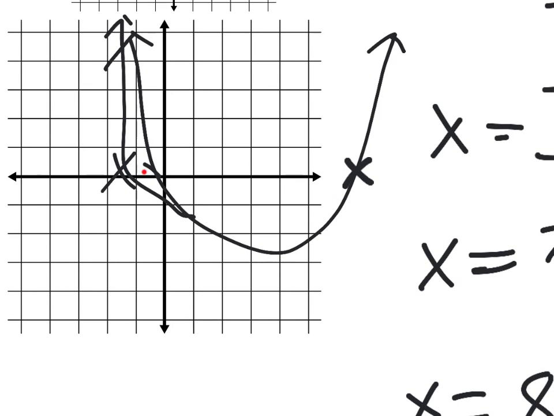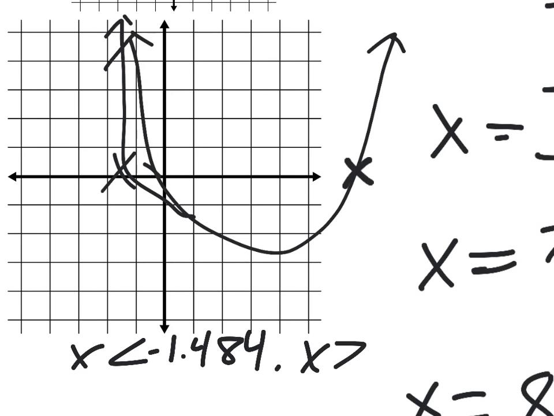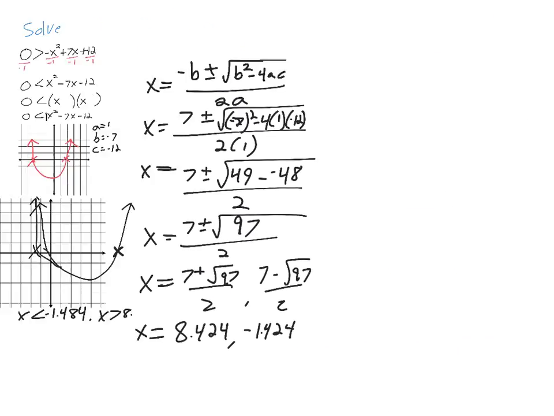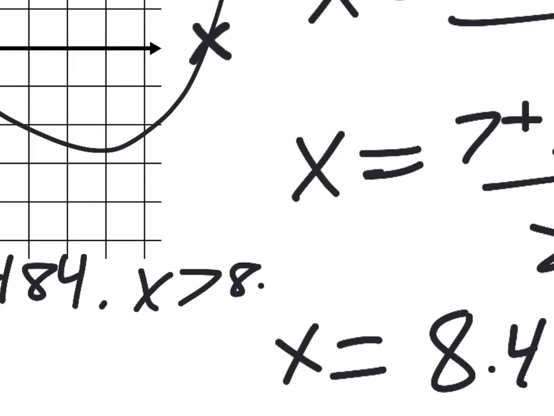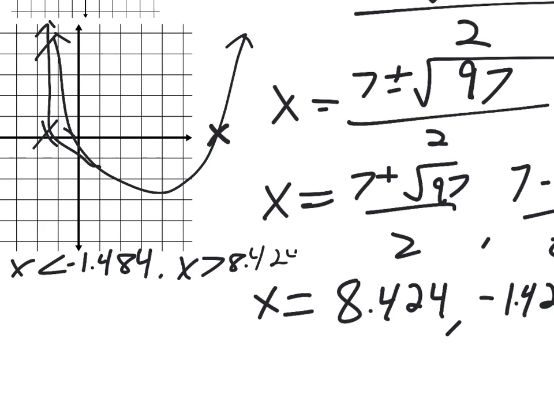All the values less than -1.484 and all the values greater than 8.484, because that's where we're on the positive side of y. So x is less than -1.484, x is greater than 8.484. That's our final answer.